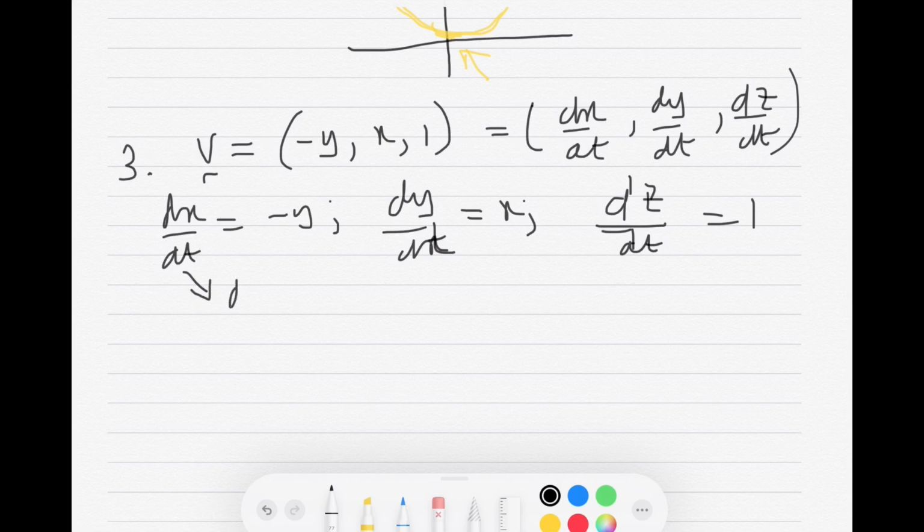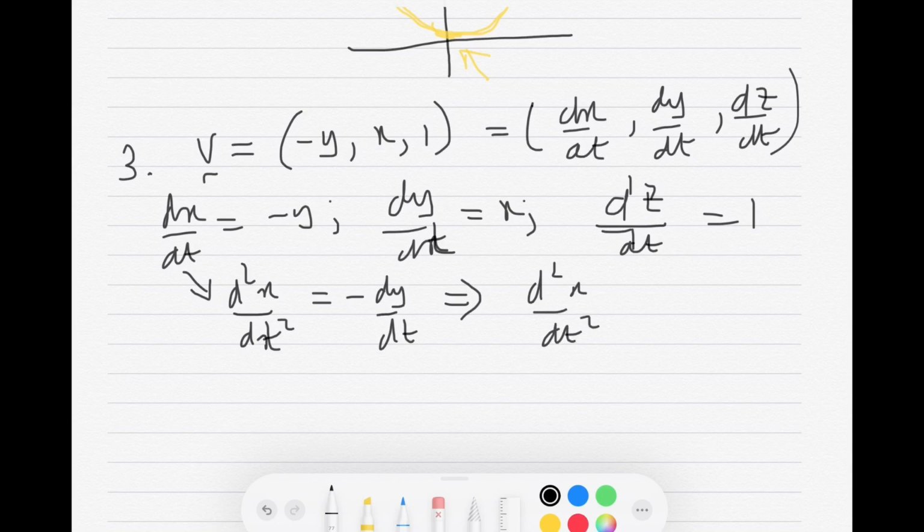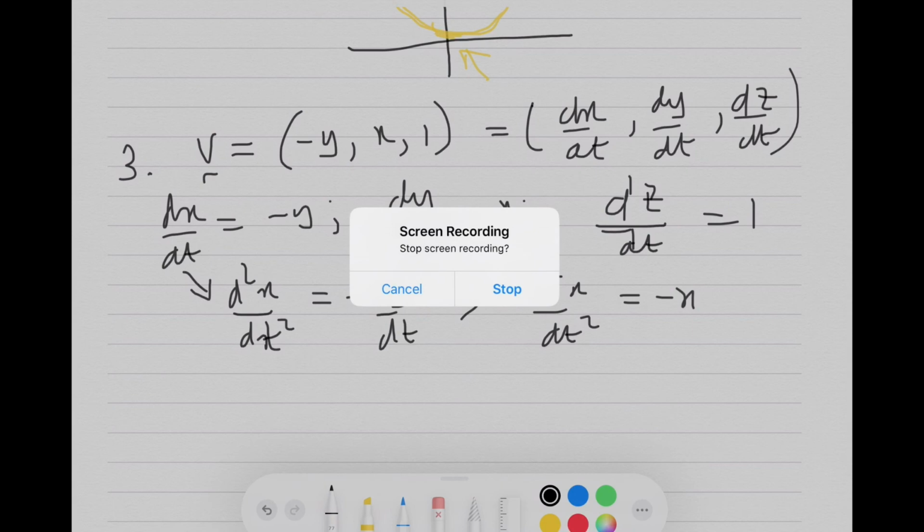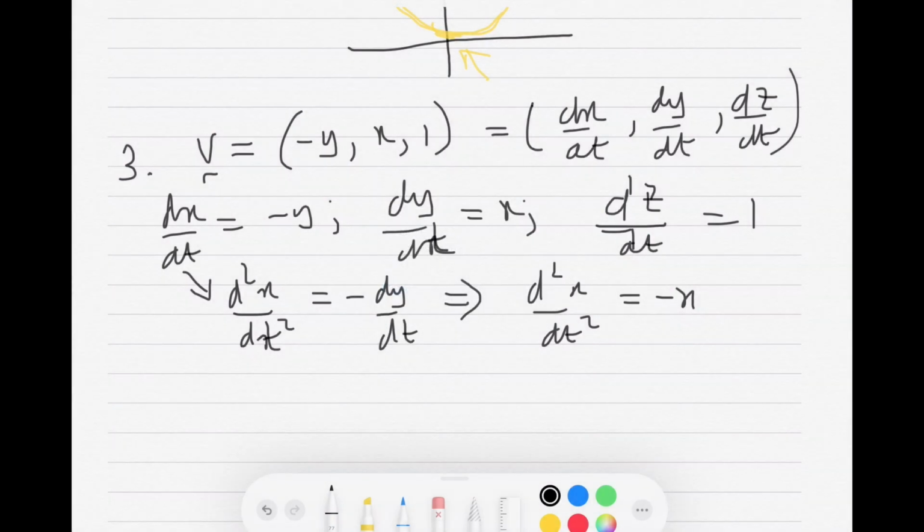You get d²x/dt² equals minus dy/dt, so that d²x/dt² equals minus x.